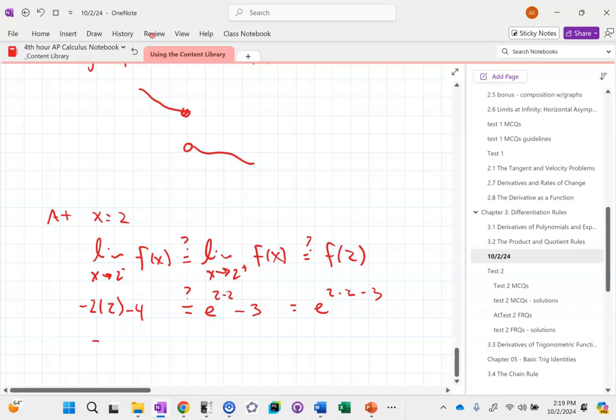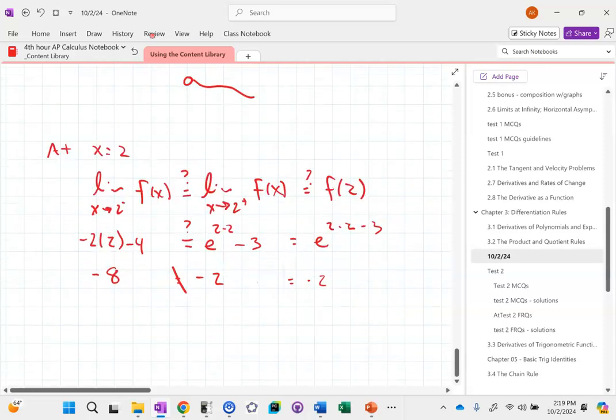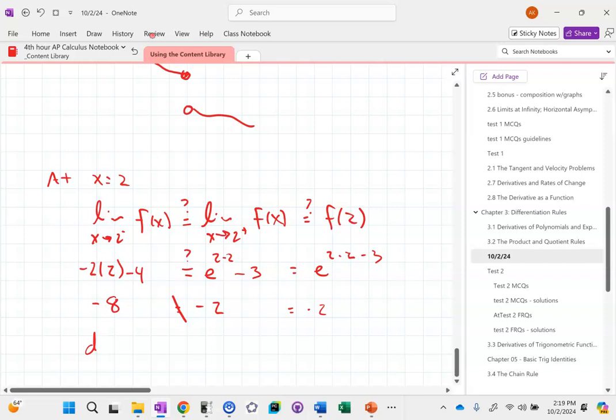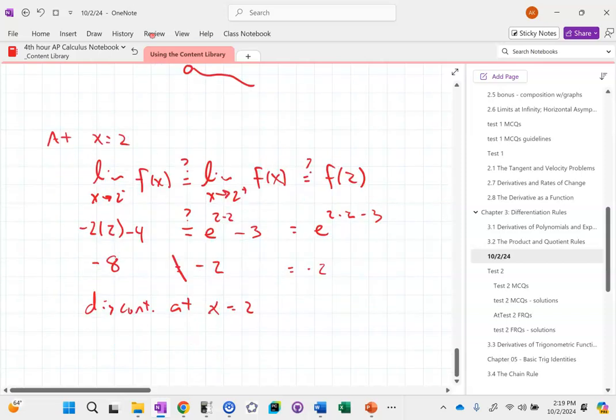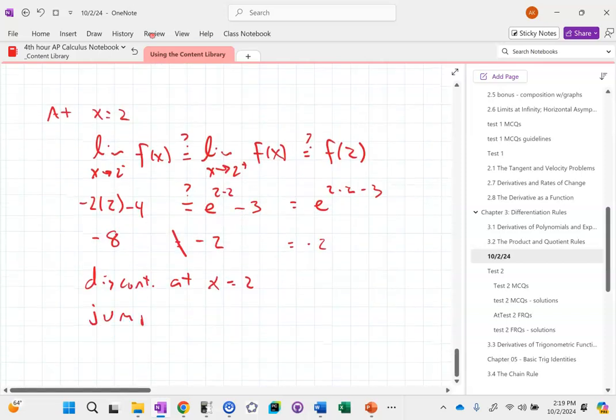So that we already saw is going to be -8. e to the 0 is 1, 1 minus 3 is -2. So we saw that again. So we know we have another discontinuity at x equals 2, and it's a jump, again because the left-hand limit doesn't equal the right-hand limit.